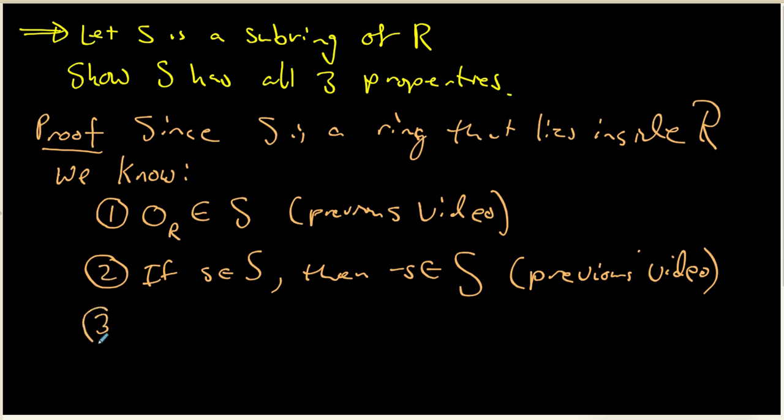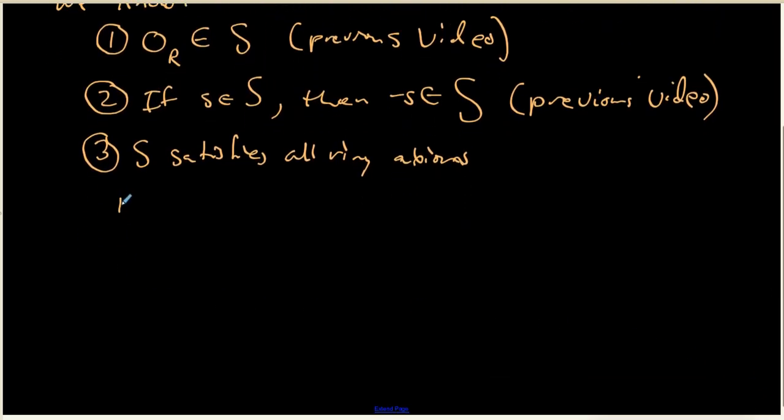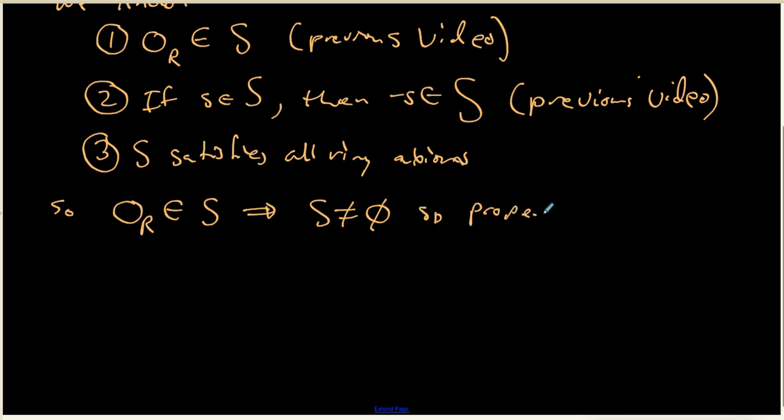And we know that S satisfies all the ring axioms. So first of all, the fact that the 0 in R belongs to S is enough to prove that S cannot be the empty set. So the first property, property A, holds.